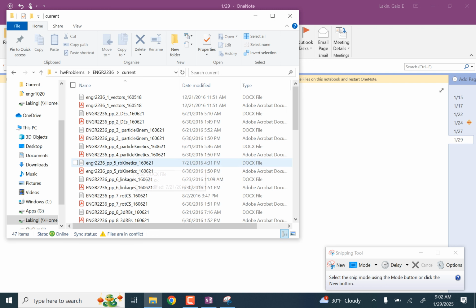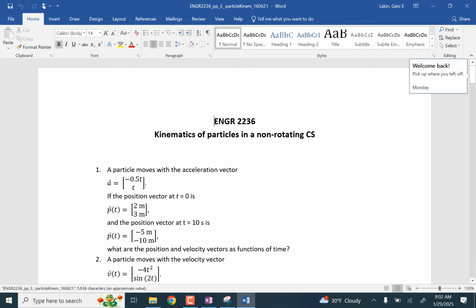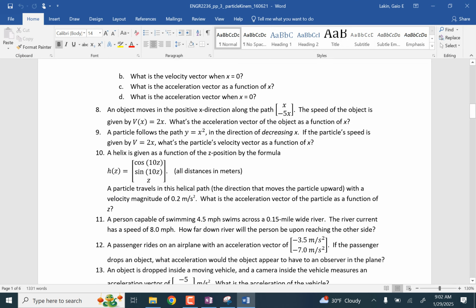Homework. We are on particle kinematics. Number 9.